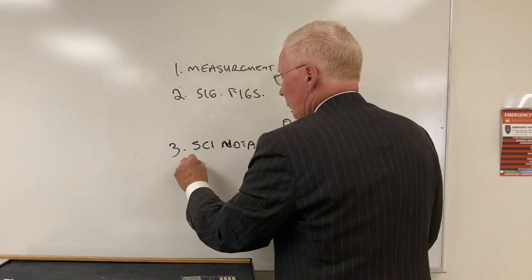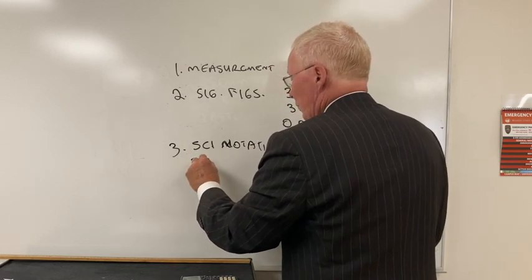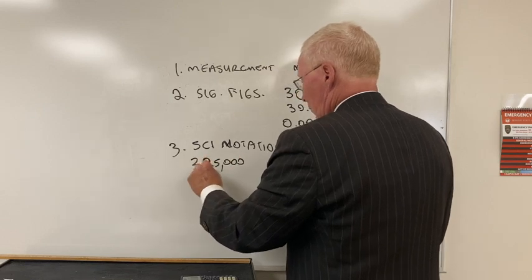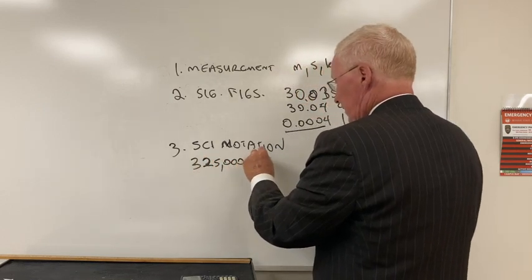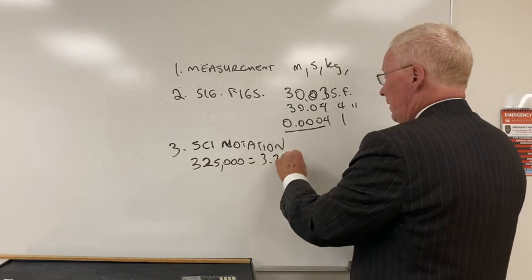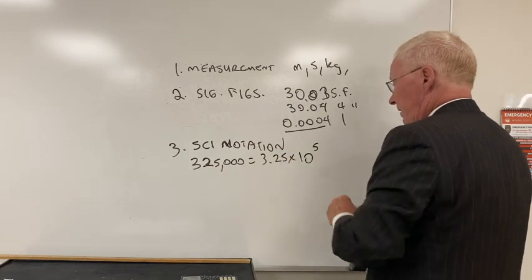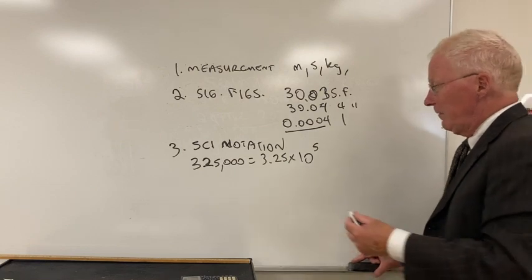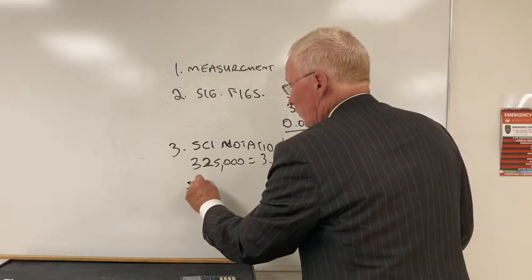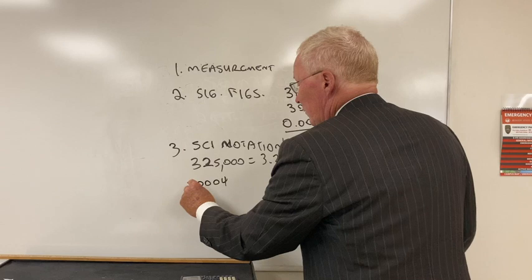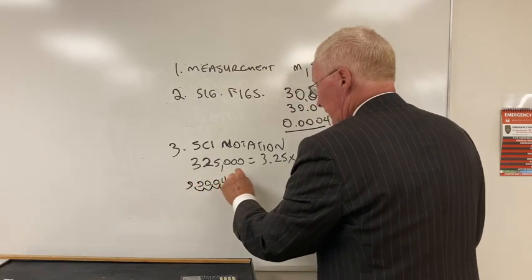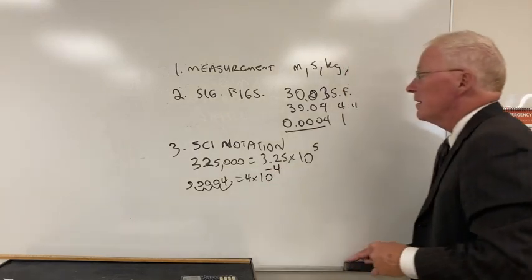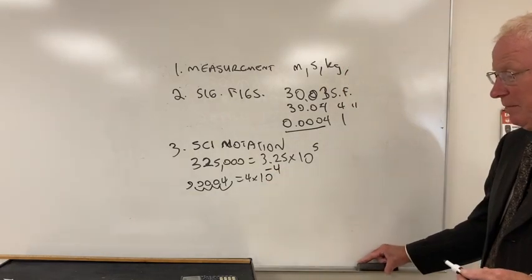So like the number 32500, 1, 2, 3, 4, 5 is 3.25 times 10 to the 5th. And if you go the other way around, 0.0004, 1, 2, 3, 4 is 4 times 10 to the minus 4th. All right, so scientific notation.